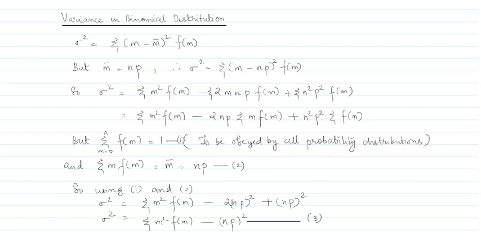Now if I just open this bracket, I'll be getting m square fm minus twice mnp fm plus n square p square fm, all within summation, and the summation goes from m equal to 0 to n.